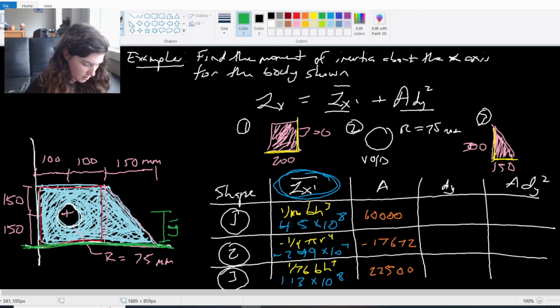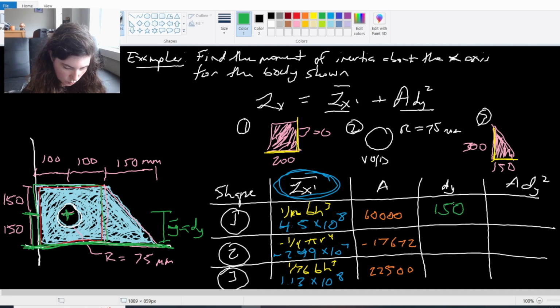For our rectangle and circle, it's pretty easy because they have the same center point, which we can read right off the side at the 150 mark. So my dy in this case is 150 for both the rectangle and the circle.